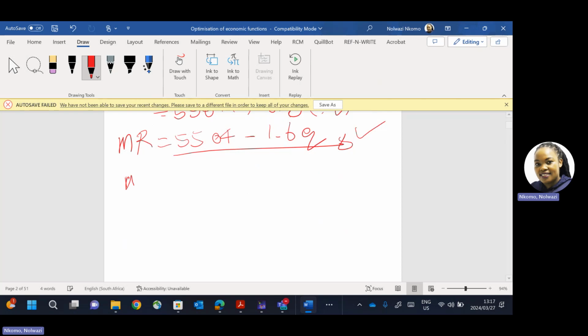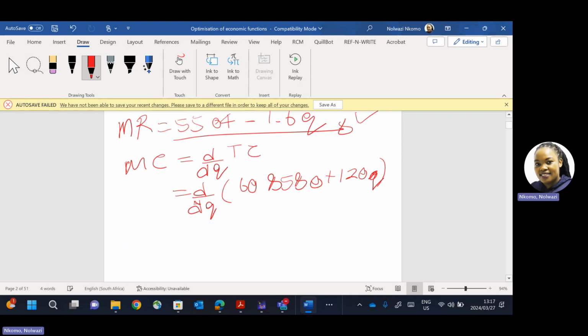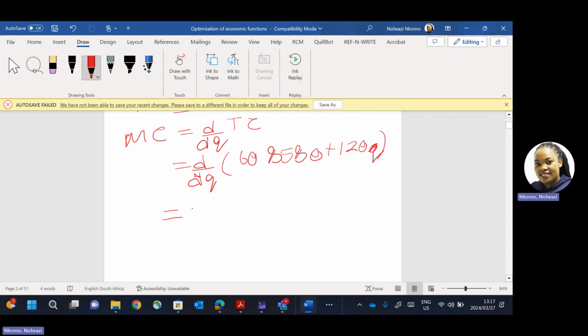We said the marginal cost is equal to the derivative of the total cost. And we were given the total cost as 60850 plus 120q.